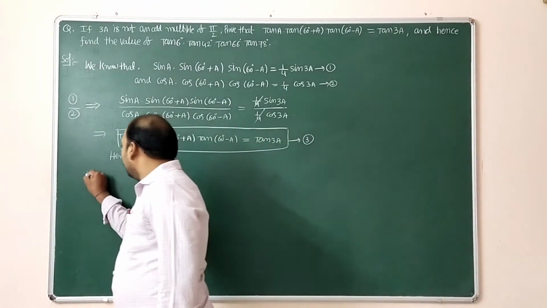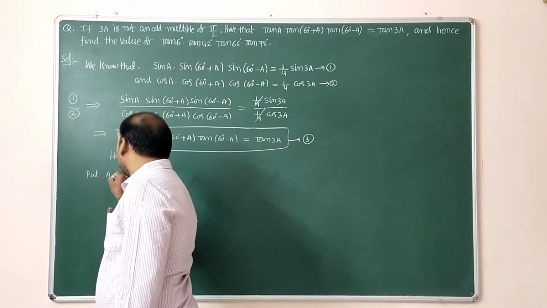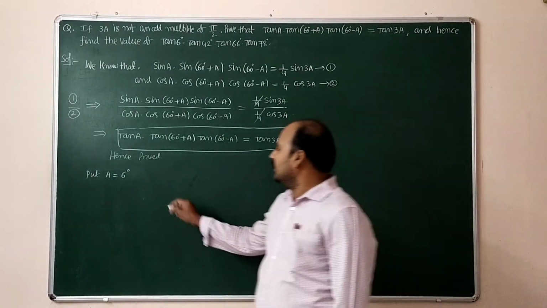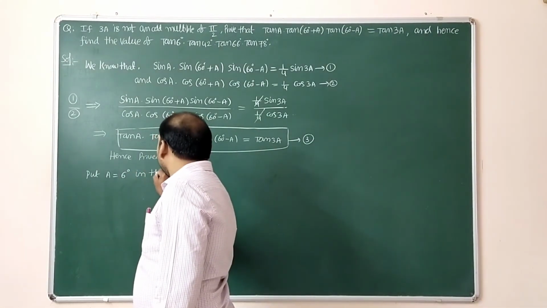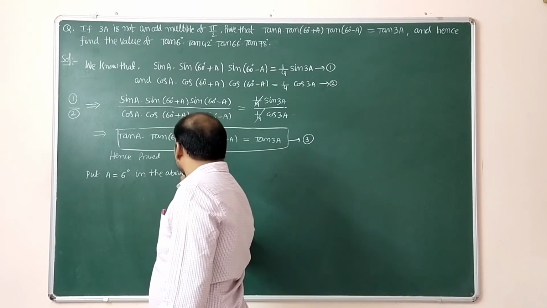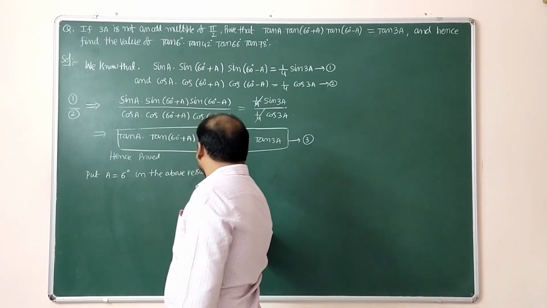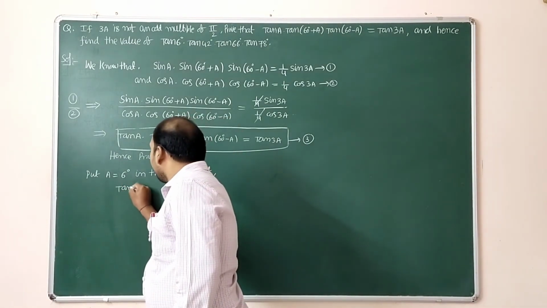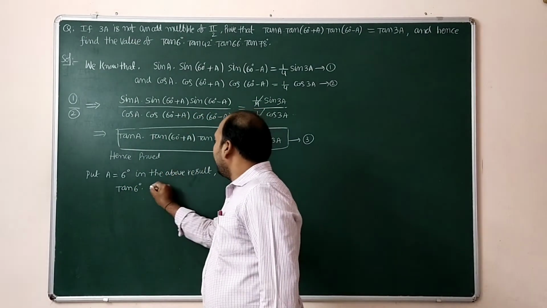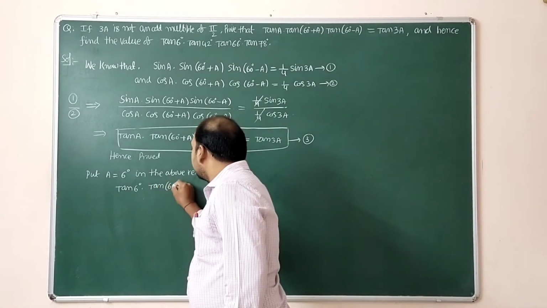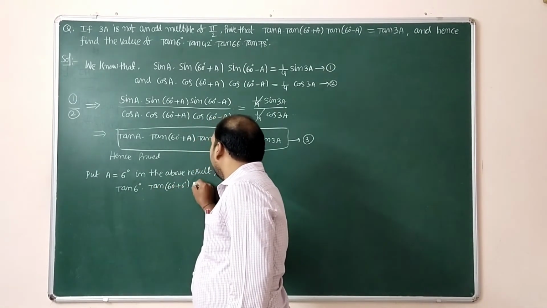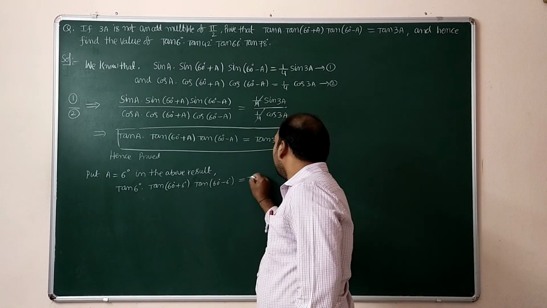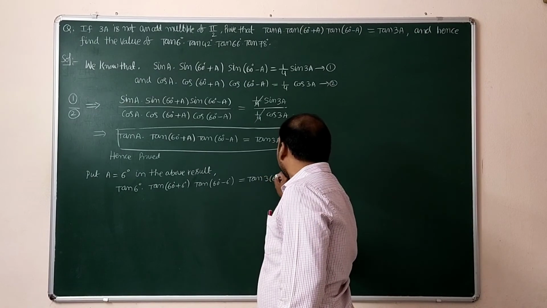Put a equal to 6 degrees in the above result, we get tan 6 degrees into tan of 60 plus 6 degrees into tan of 60 minus 6 degrees is equal to tan of 3 into 6 degrees.